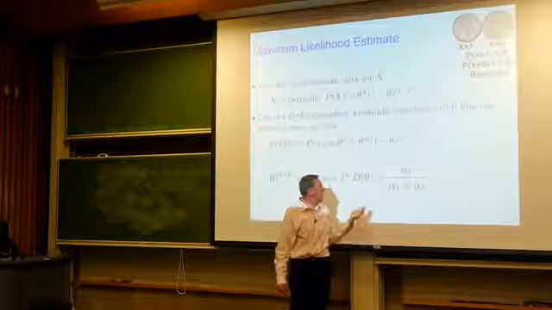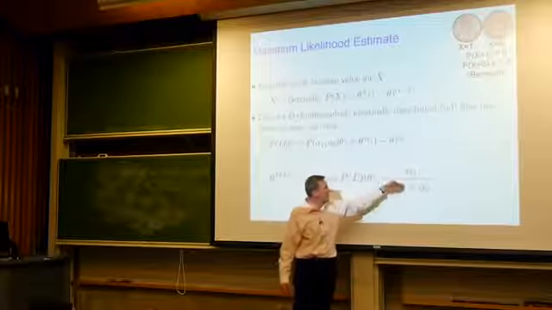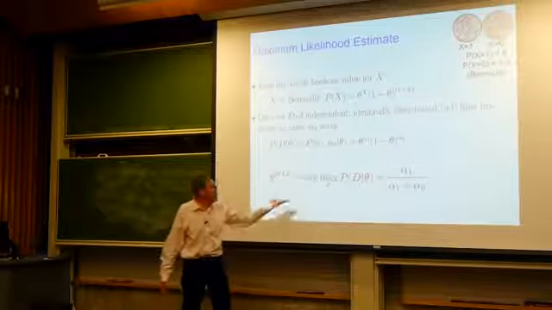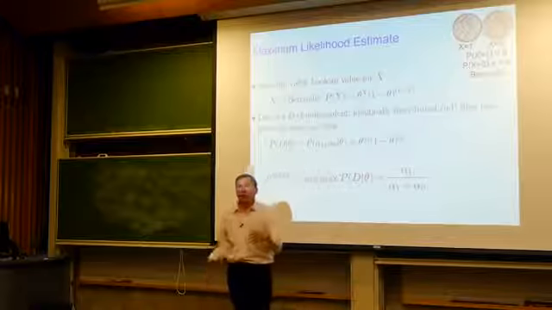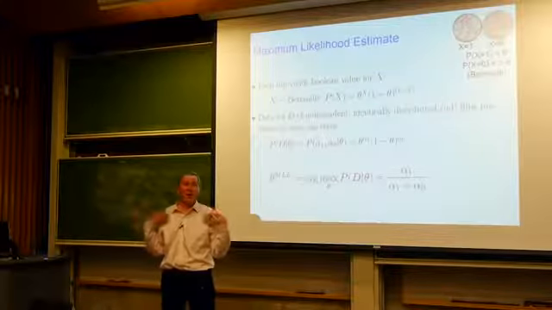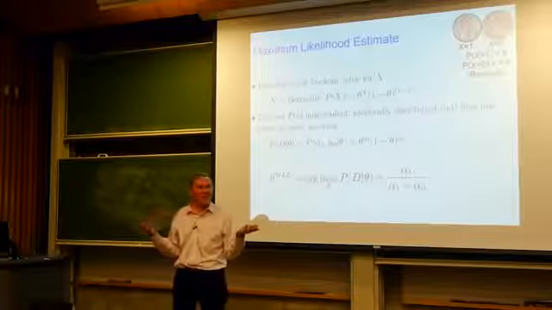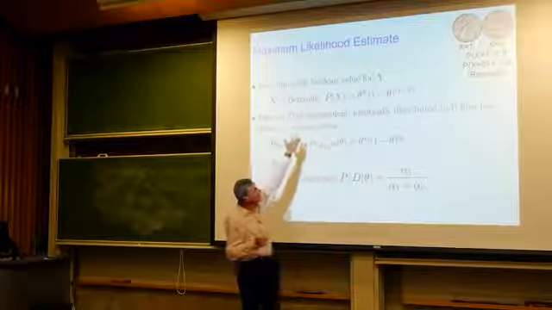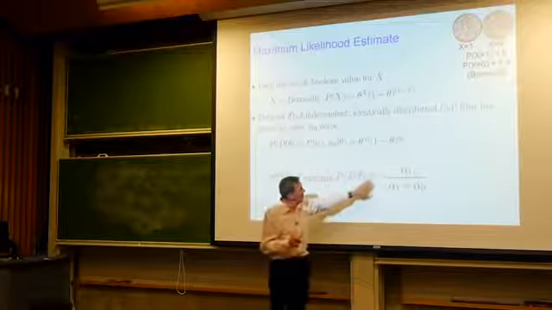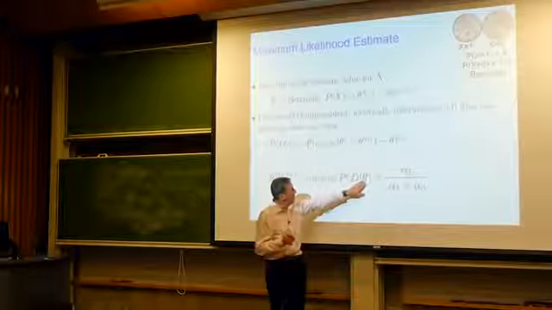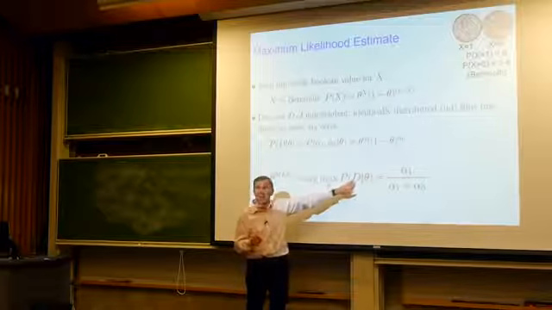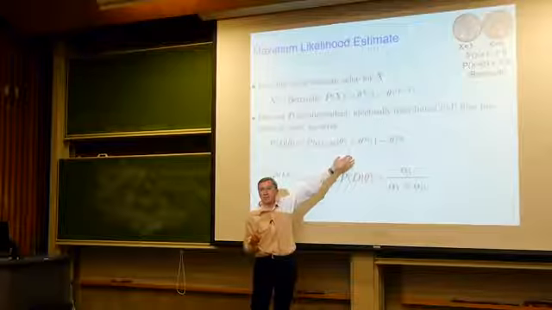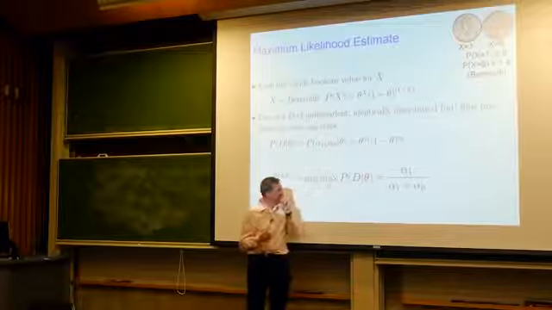So if we flip the coin and we end up with 3 heads, 7 tails, then our maximum likelihood estimate is just 3 out of 10, which happily matches our own intuition about what common sense would tell us. But now we know that it actually follows this principle, that it's also the value of theta that maximizes the probability of the observed data, the alpha 1 and alpha 0.